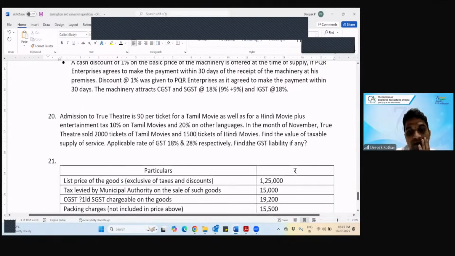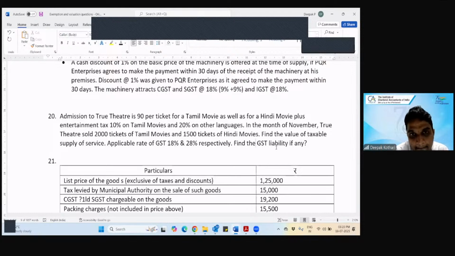Three lakh 60,000 rupees. That is the GST liability. They have asked for the value of the taxable supply and the GST liability as well.